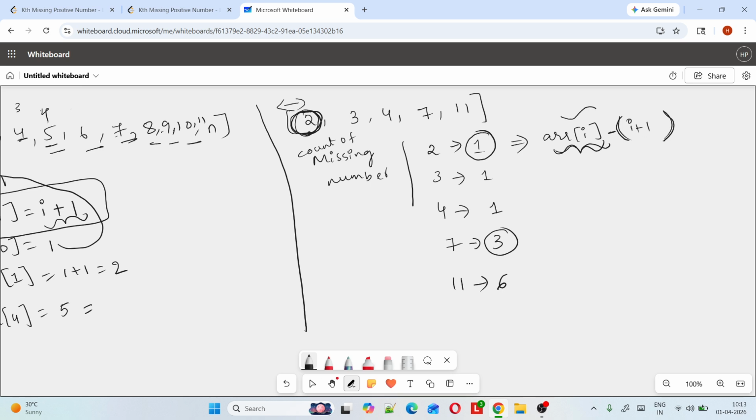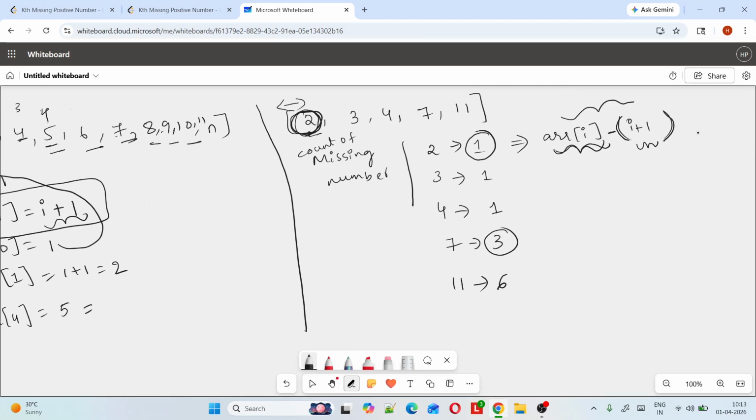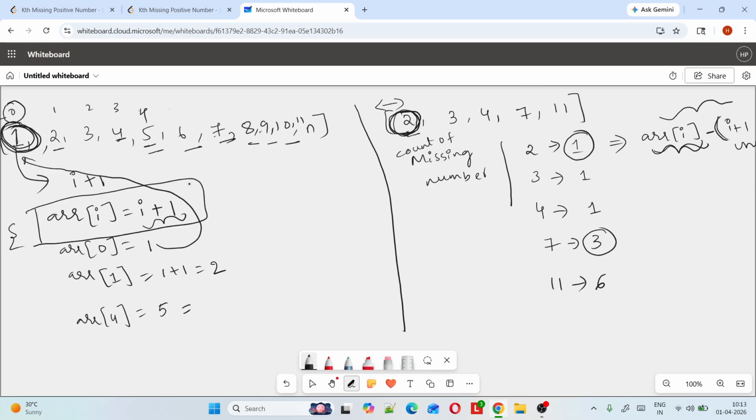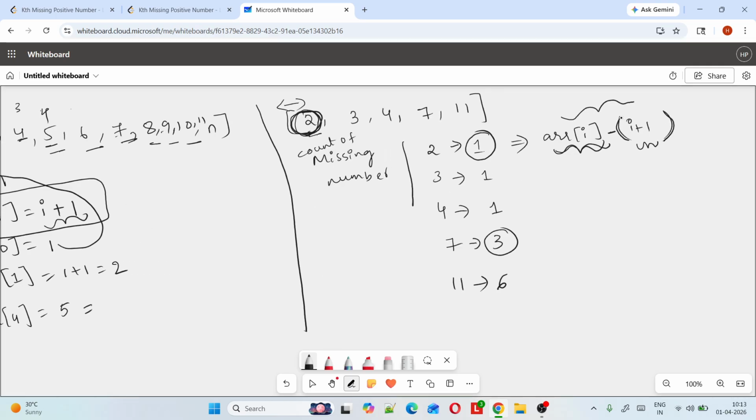Here the present element is 2, but the actual element should be i plus 1. If you subtract the actual element from the present element, you will get how many missing numbers are before this.